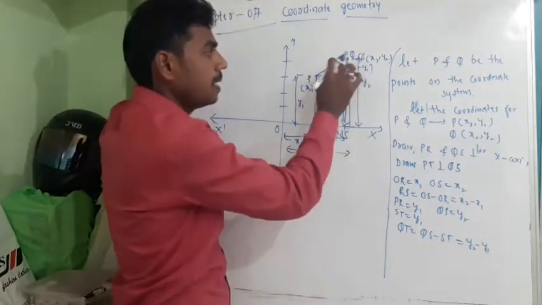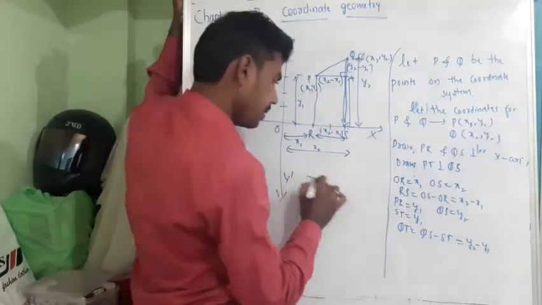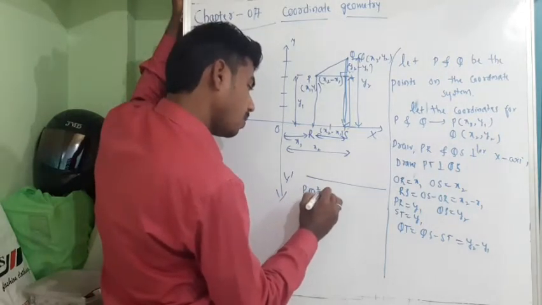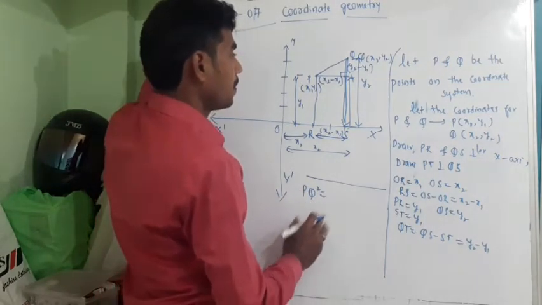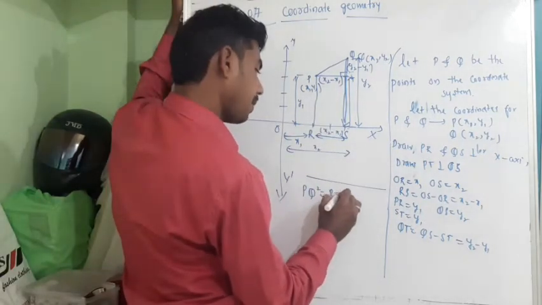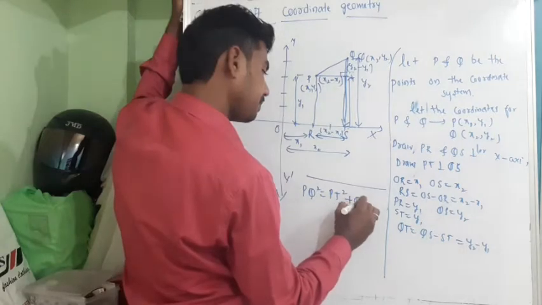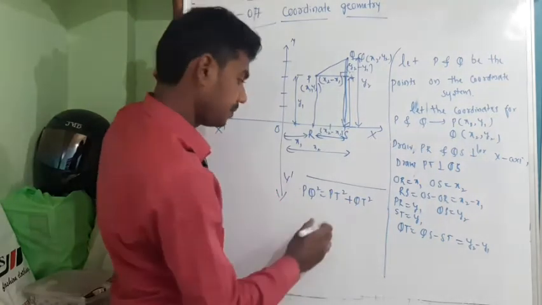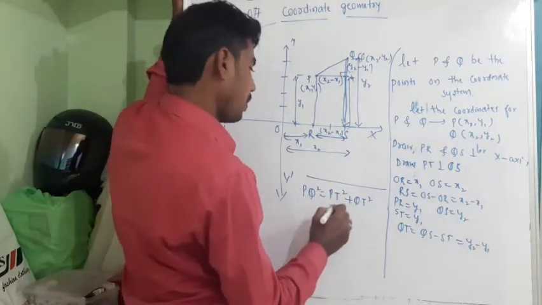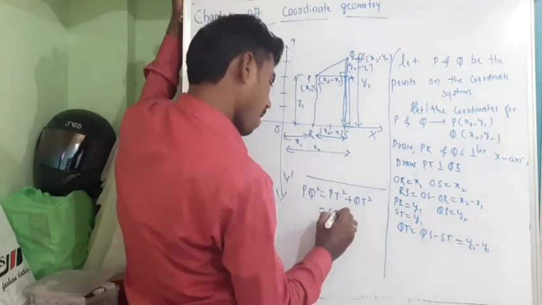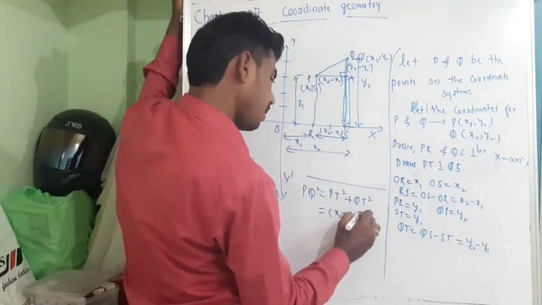So since it is 90 degree, what can we write? Applying Pythagoras, PQ square is equal to PT square plus QT square. Fine. So what is PT square? PT square is x2 minus x1 whole square.